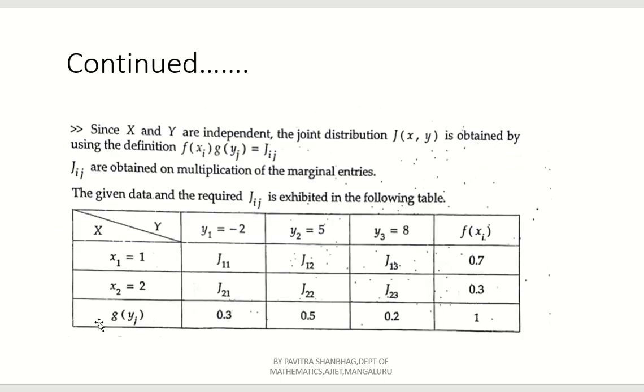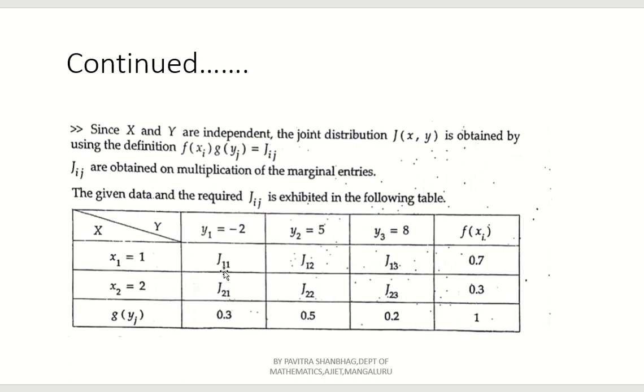You have to check that if you add these you get 1. 0.7 plus 0.3 is 1.0. Similarly, 0.3 plus 0.5 plus 0.2 is again 1.0. So this is the marginal distribution condition.